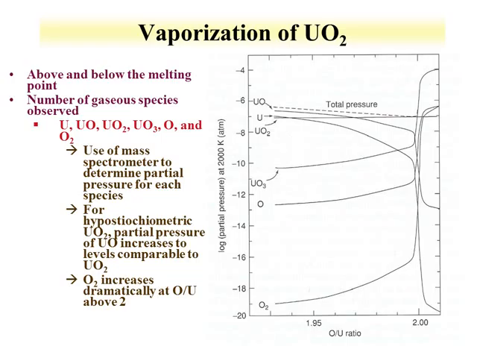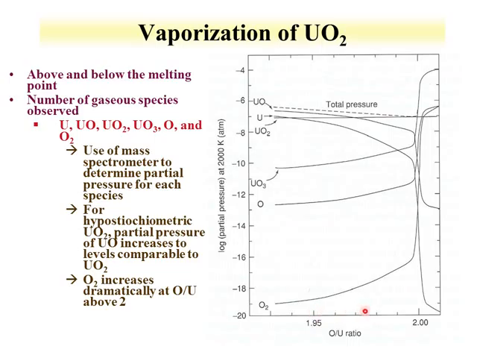Also, through the heating of this material, we can actually vaporize products out of the material. And here's an example of partial pressure of different products from UO2. So the oxygen, UO3, UO2, uranium, and UO as a function of the oxygen to uranium ratio.